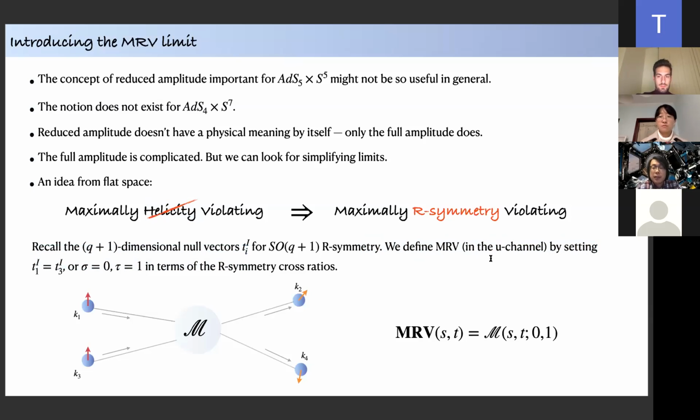So we can define the following U-channel MRV limit by setting the polarization of operator 1 and operator 3 to be equal. And in terms of the cross ratios, that means sigma equals 0 and tau equals 1. I'm going to call this a slice of the full amplitude, the MRV amplitude.